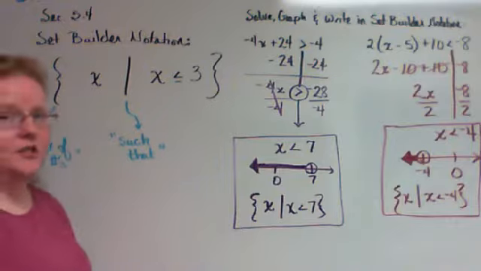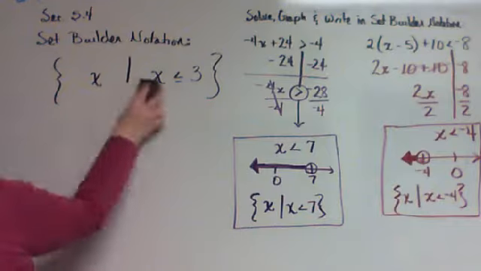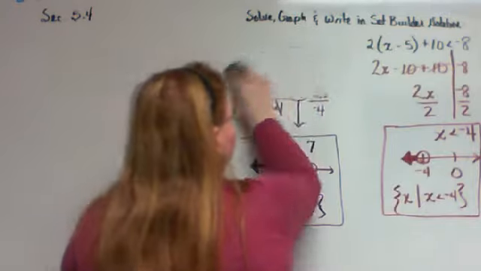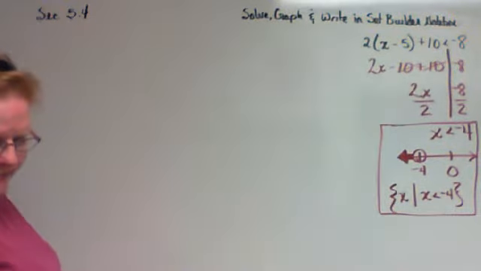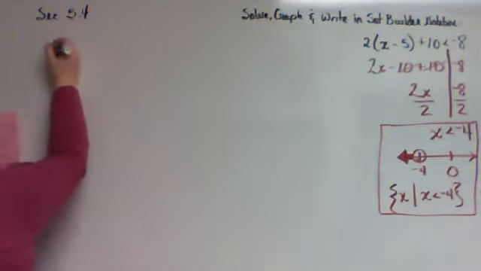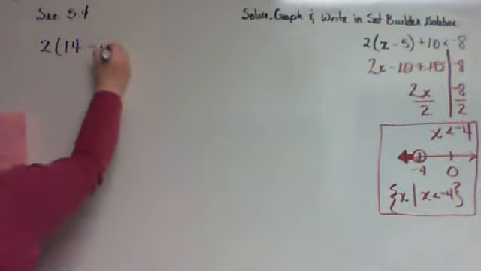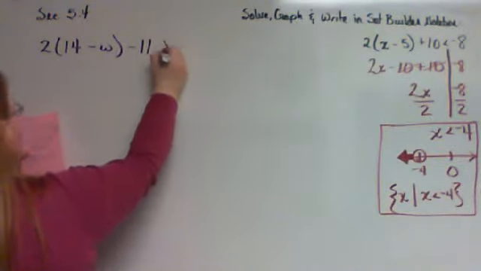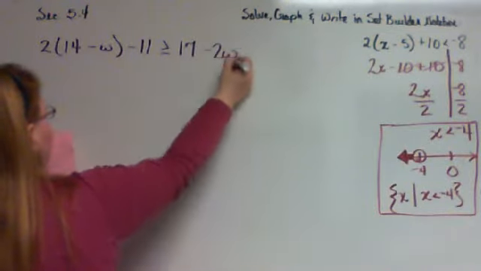Took care of all the notation stuff. Now we got a much bigger problem. Let's look at a problem like 2 times 14 minus W, minus 11, is greater than or equal to 17 minus 2W.